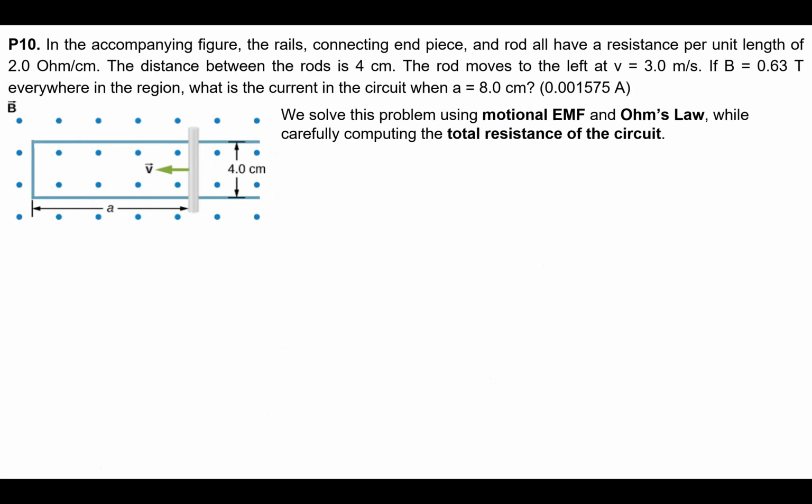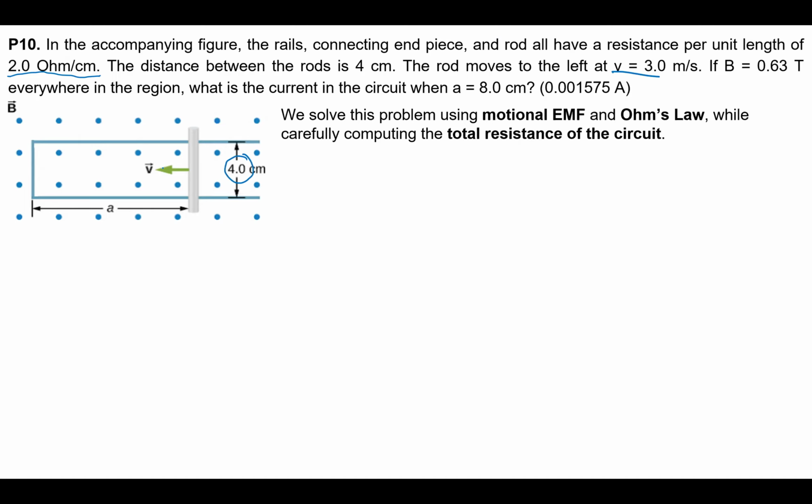So now we have another case here. The rails connecting the end piece and the rod all have a resistance per unit length of 2 ohm per centimeter. Okay, resistance given. The distance between the rails is 4 centimeters, and the rod moves to the left at the given velocity.